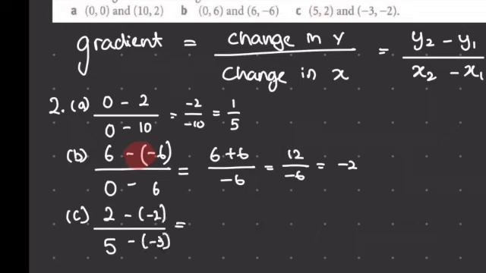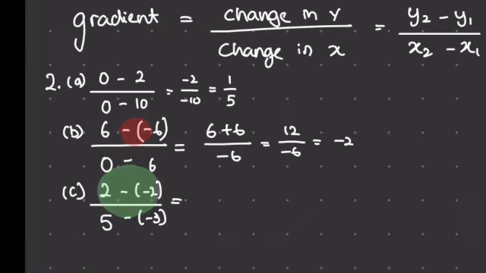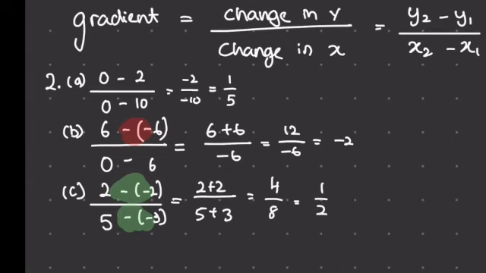Trust the process. Do the same thing because you know if it is a negative and a minus together, it will make a positive. Do it. 2 plus 2 is 4. 5 plus 3 is 8. Slow and steady.